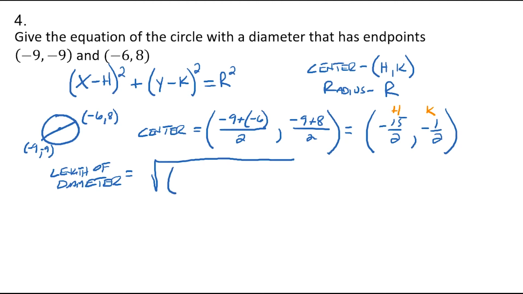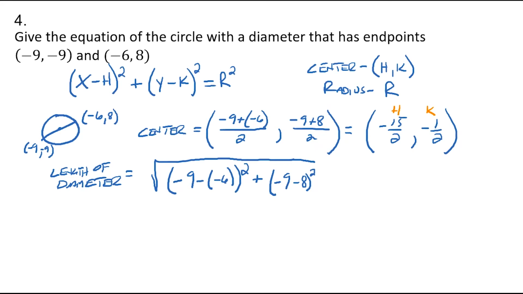We take the x coordinates, -9, subtract the other x coordinate, -6, and we square it. Then we add that to the difference between the y coordinates, -9 minus 8, quantity squared.